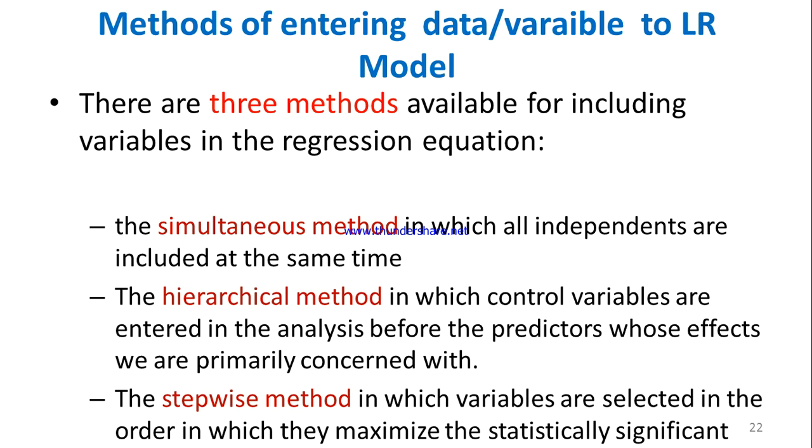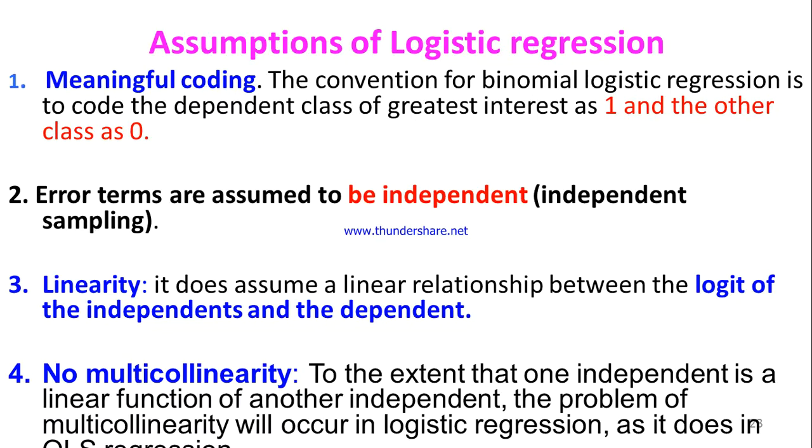Then the independent variables of interest are entered into the model in a second block. That is a method that we have already seen in multiple linear regression. The third one is the stepwise method, which could be employed in either forward or backward form. Just to revise what we discussed in multiple linear regression, in terms of application it is exactly the same for logistic regression as well.